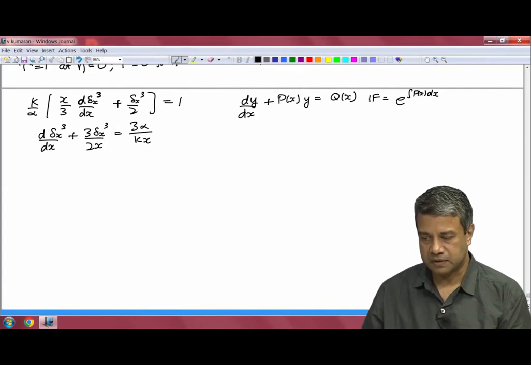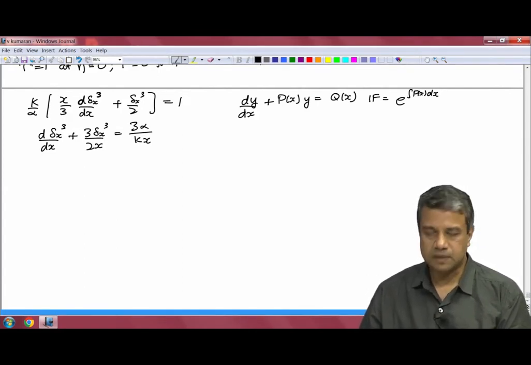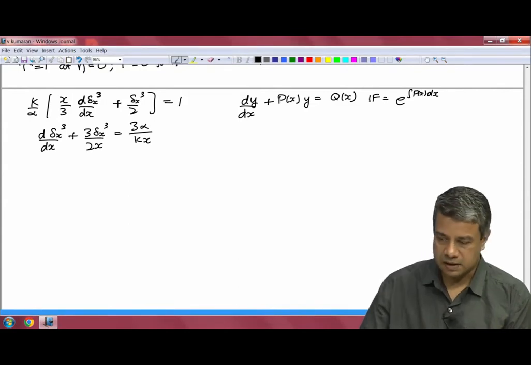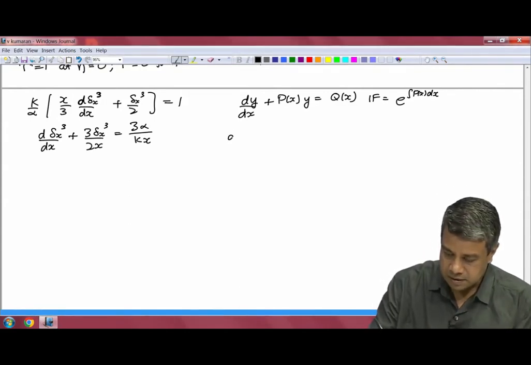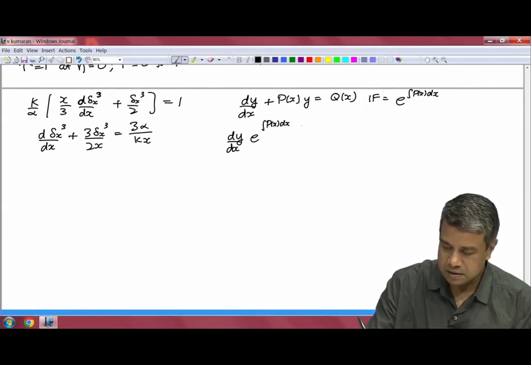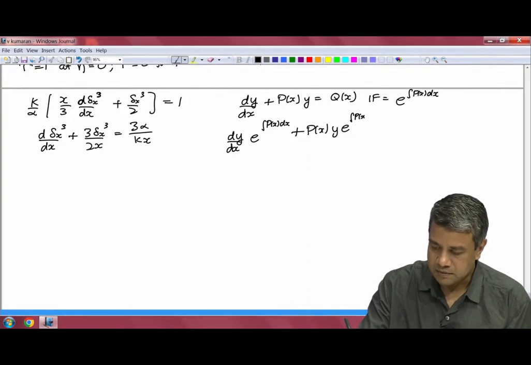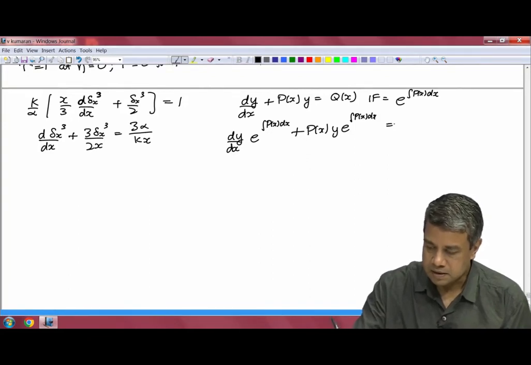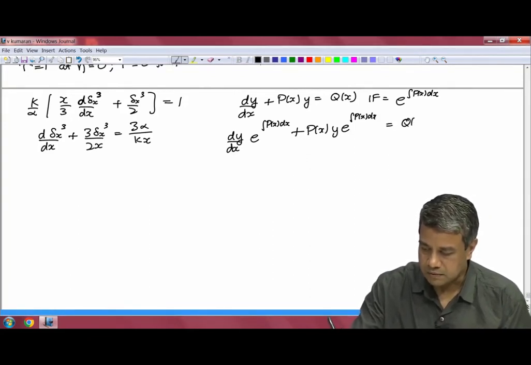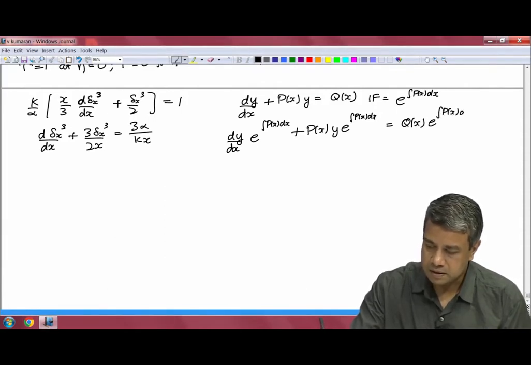So, then what you do is you multiply the entire equation by the integrating factor: dy by dx e power integral p of x dx plus p of x y e power integral p of x dx is equal to q of x e power integral p of x dx.